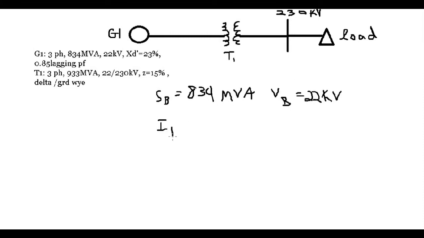And then we can calculate I base, which is equal to S base divided by the square root of 3 times the V base, which is equal to 21,887 amps.